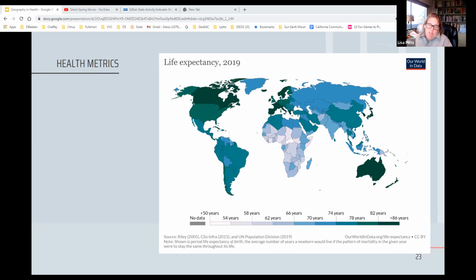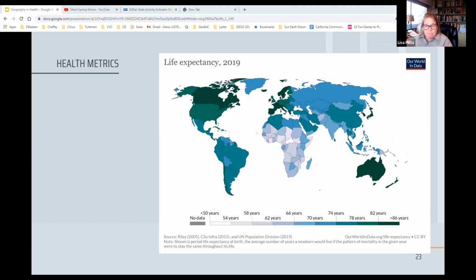So this has a lot to do with malaria and AIDS. They still have AIDS situations in Africa, definitely have malaria problems in Africa. And then Ebola was a big thing, still is in Africa.